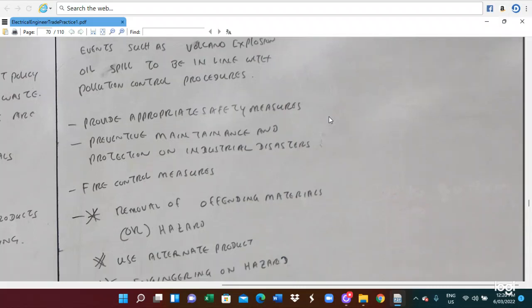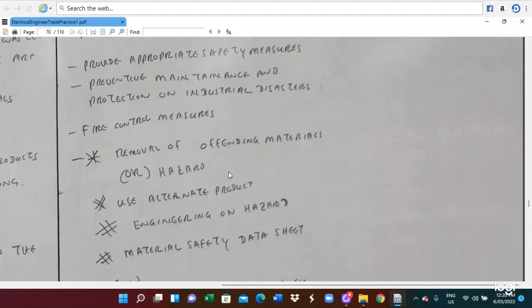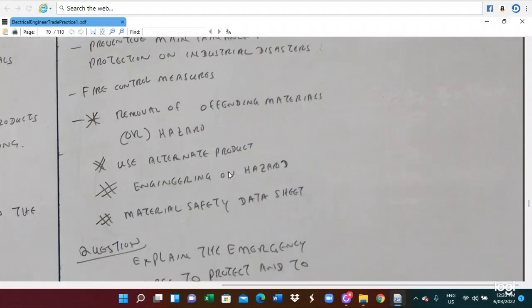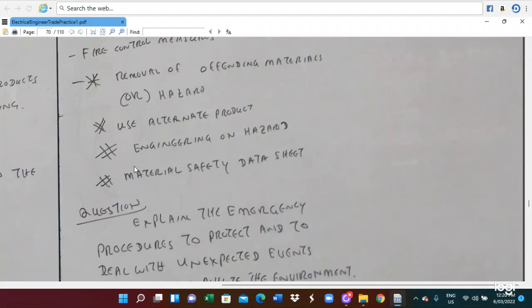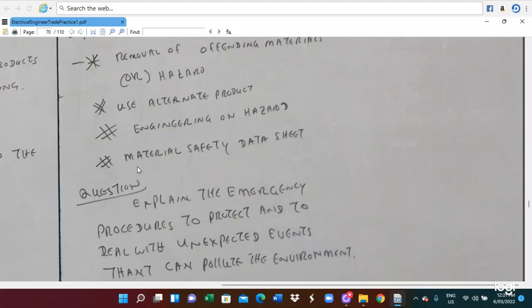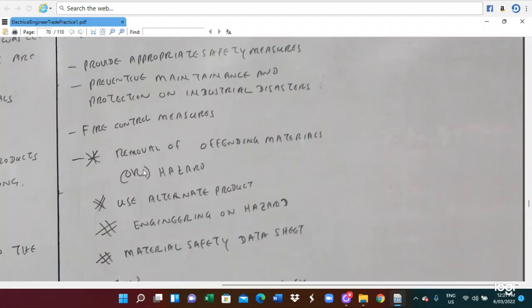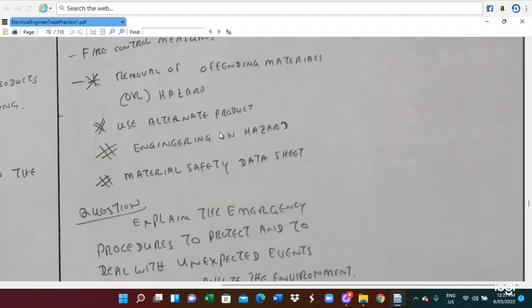Also provide the appropriate safety measures, preventive maintenance and protection against industrial disaster, which is also important for the industry. So fire control measures are an important aspect. Removal of the offending material or the use of alternative products, or the engineering hazard or the material safety data sheet. They are the important aspects of fire control measures.